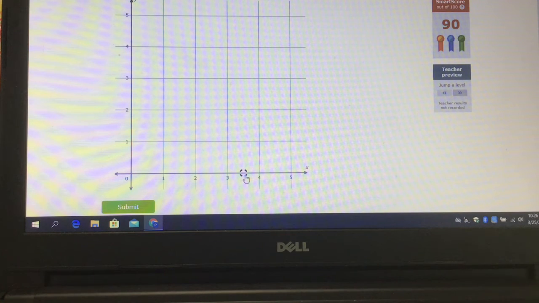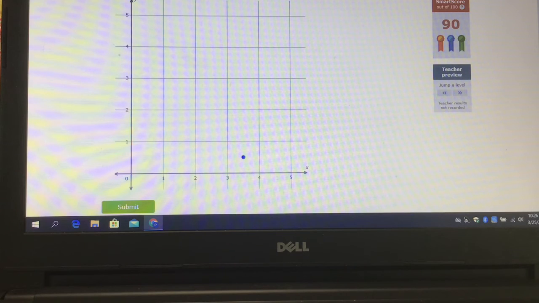And the Y coordinate was 0.5, which means $0 and half of another dollar. So we're going to start with $0, which is where we are right now, and we're going to go up half of another dollar. And we're going to plot that point right there. So this is the X of 3.5 and the Y of 0.5.